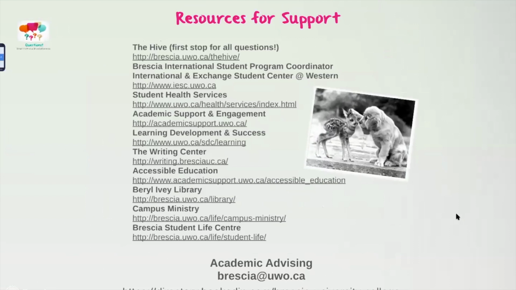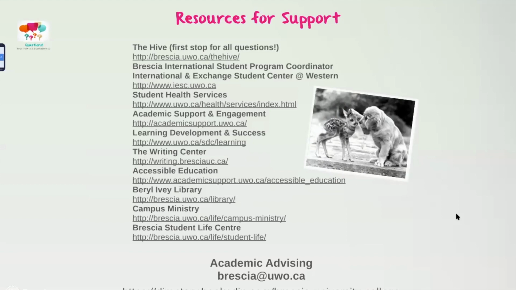Now, some additional supports across campus. As I mentioned a few times, the Hive is a great first stop for all questions. And then in terms of our international students specifically, we do have our International Student Programming Coordinator, Lizette, as well as our International and Exchange Student Center at Western.